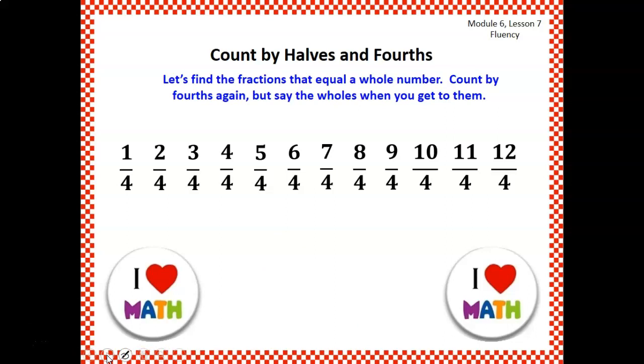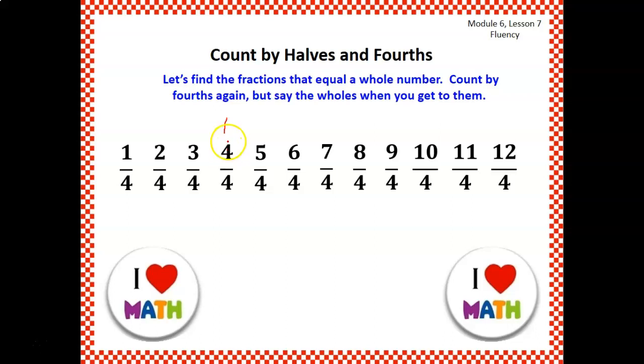Let's find the fractions that equal a whole number. Count by fourths again, but say the wholes when you get to them. Well, we already know that 4 fourths is 1, don't we? We've studied that already. So that's 1, 2, 3, 4 fourths as a whole. So that means there's going to be 4 more in 2.